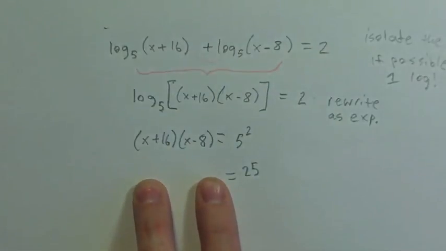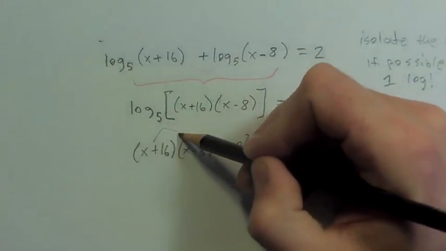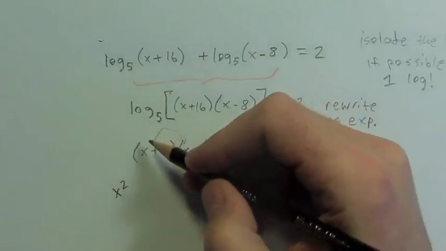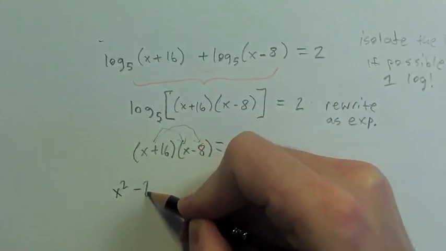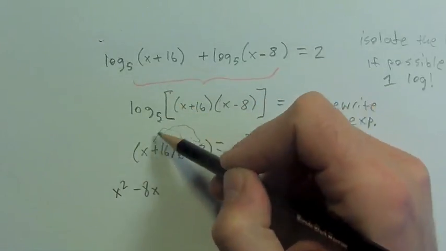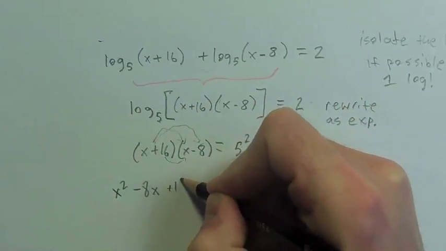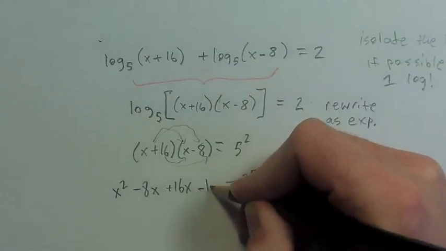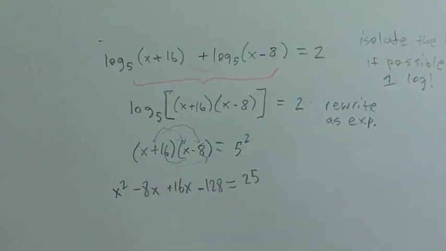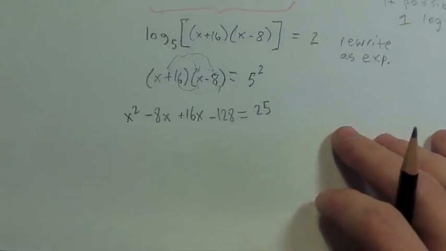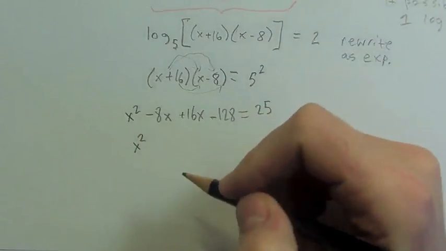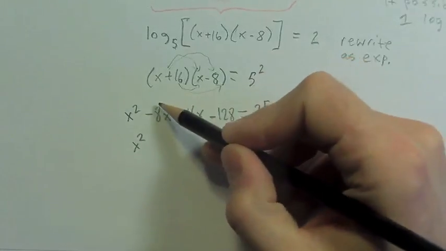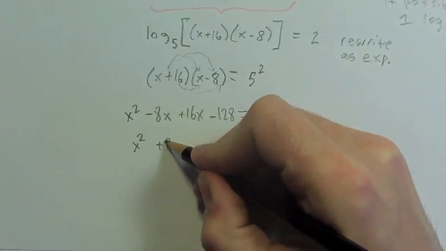This side we will actually multiply out, FOIL that out. So we'll get x squared minus 8x. I distributed the first, the outside, the inside, plus 16x, and plus 16 times negative 8. So 16 times negative 8 will be minus 128. So this equation simplifies down to x squared minus 8x plus 16x, that will be plus 8x.